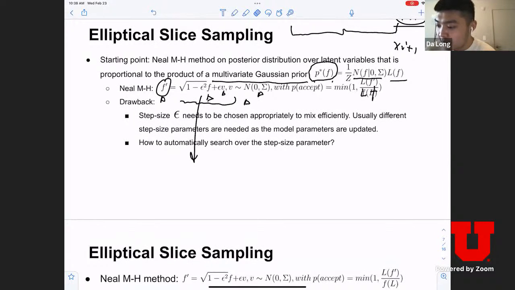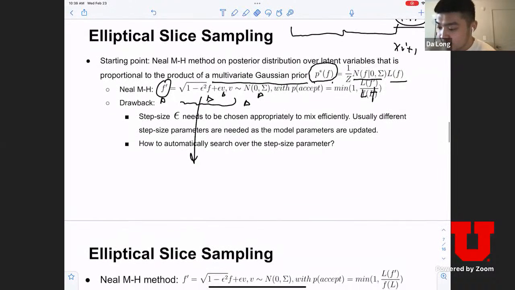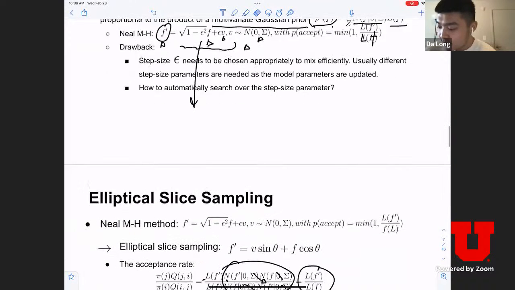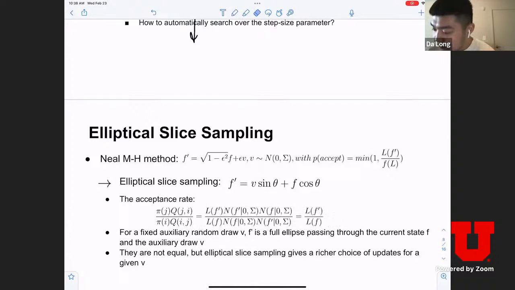The motivation for this paper is that the author wants a model that can automatically search over the step size parameter. So this is what he does: he makes the step size parameter a random variable.